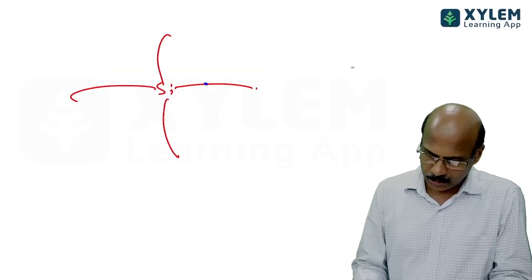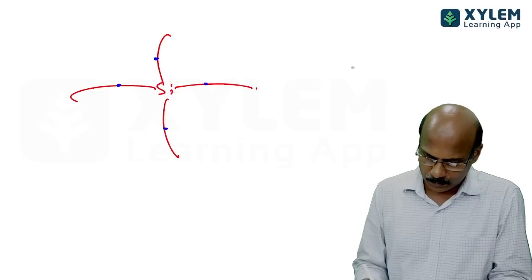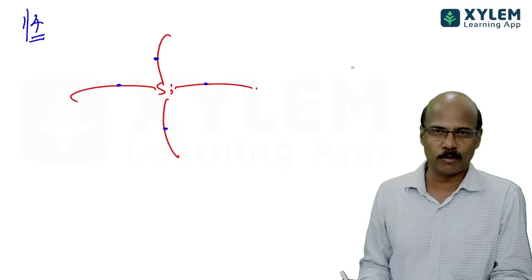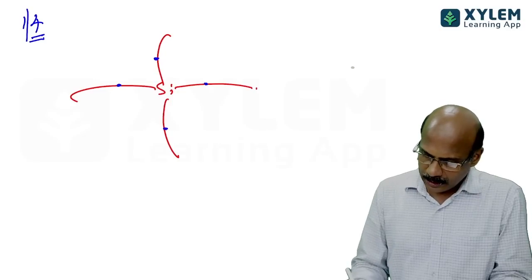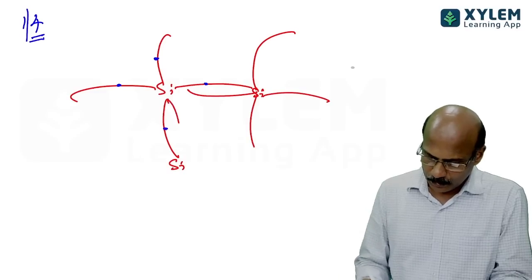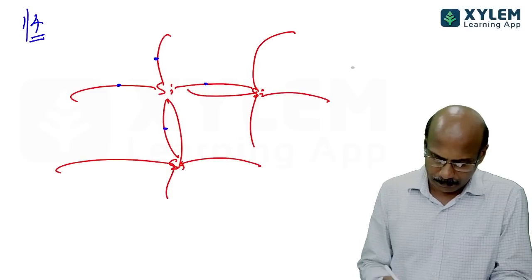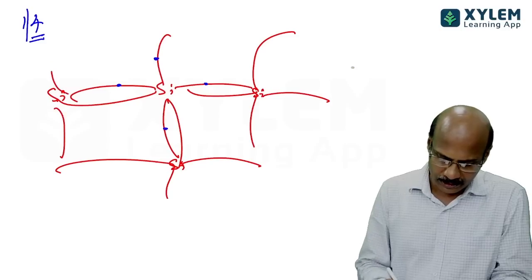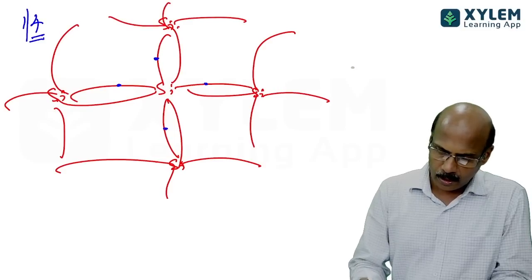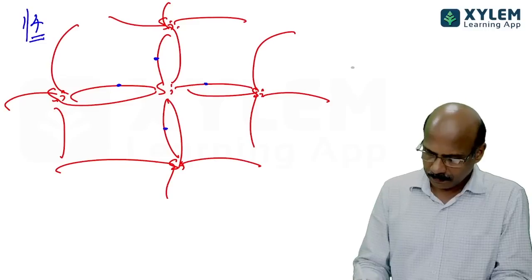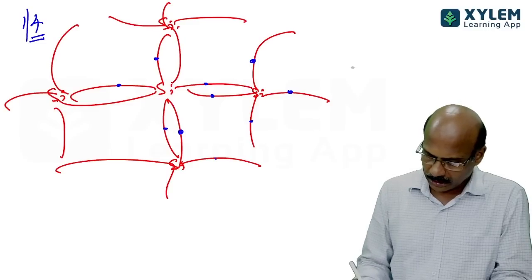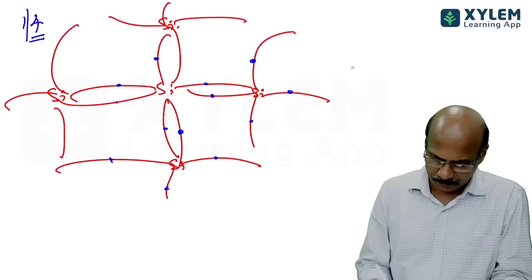So the valence shell of it contains 4 electrons. I told you it is group 14, so there are 4 electrons in the valence shell. Each silicon is surrounded by 4 other silicon atoms so that each silicon can complete its octet. So silicon, you know, is a covalent crystal. In its ground state or normal state, each silicon can complete its octet by covalent sharing between the neighboring silicon atoms.